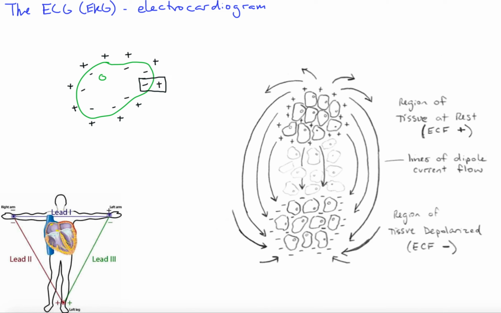We can measure that voltage, though it's a very challenging experiment to do. If we have a voltmeter, this ball with V in it is our voltmeter. Remember, a voltmeter just measures voltage. Its job is to measure the difference in electrical potential, the charge, between two areas.